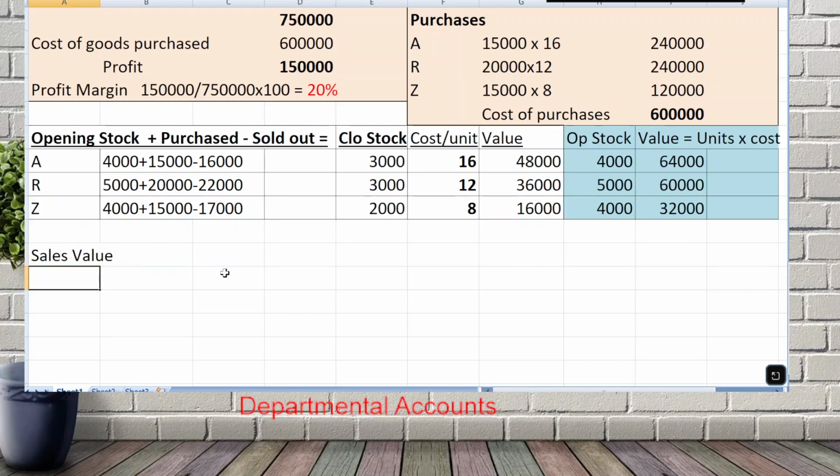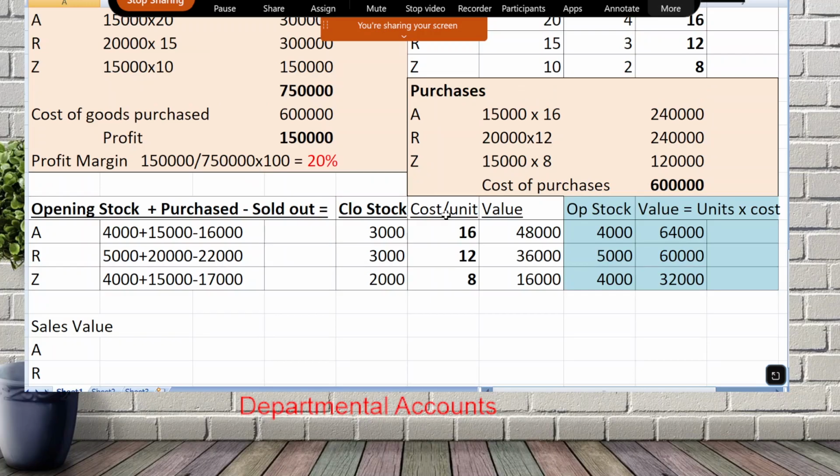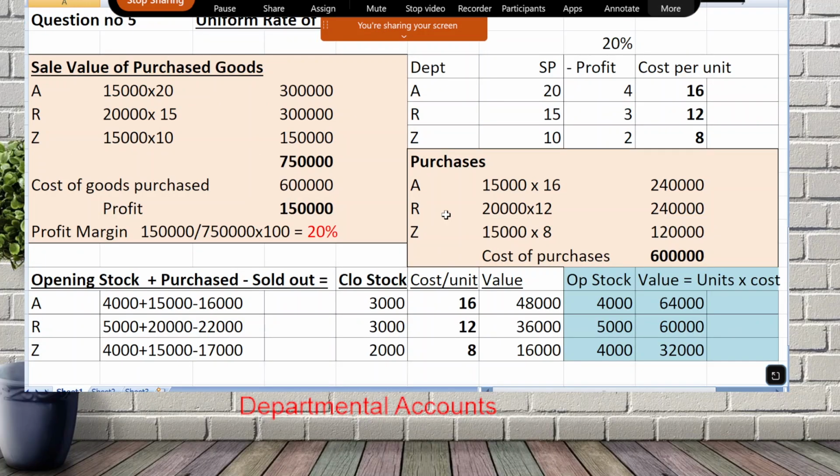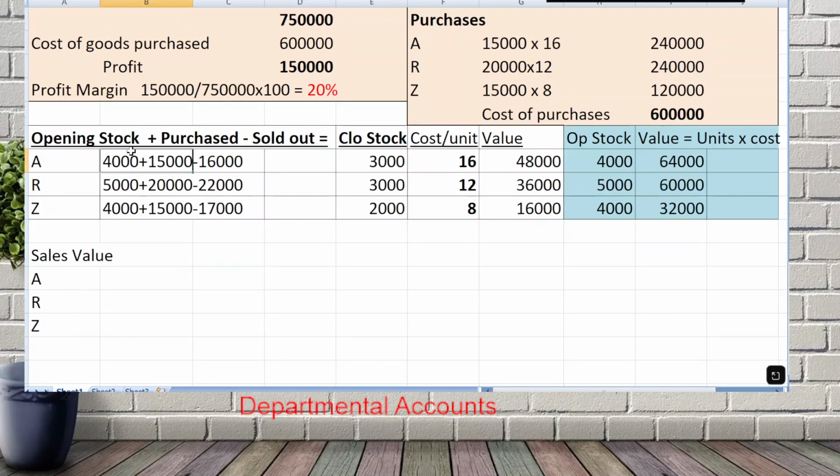Sales value for A, B, C. So opening stock plus purchase units minus sold out units will give us closing stock units. Closing stock units multiplied with cost per unit, you get the value. Same way, opening stock into cost per unit, you get the value.